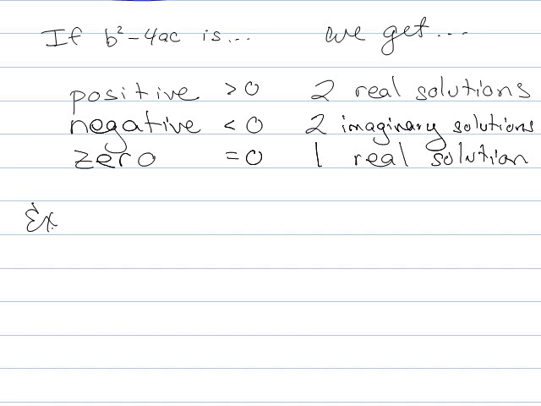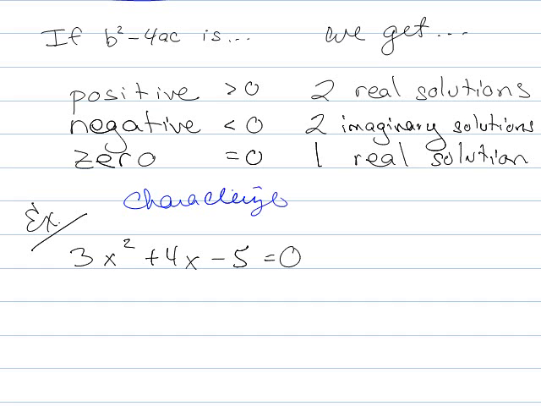So they might give you something like 3x squared plus 4x minus 5 equals 0, and they'll say, characterize the solution, or what kind of solution will you get?